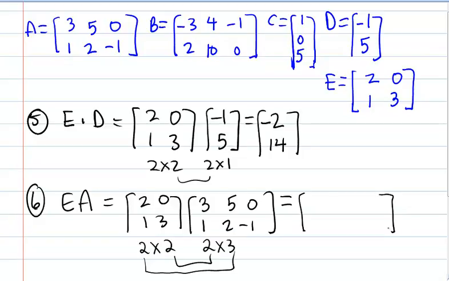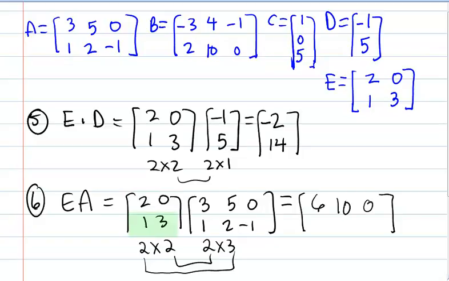Okay, so I'm going to fill in 6 positions here now. First 3 entries across the top row are all going to use the 2 0. 2 0 times 3 1, so it's 2 times 3 plus 0 times 1, that's 6. 2 times 5 plus 0 times 2. 2 times 0 plus 0 times -1, that gives me a 0 in that spot.